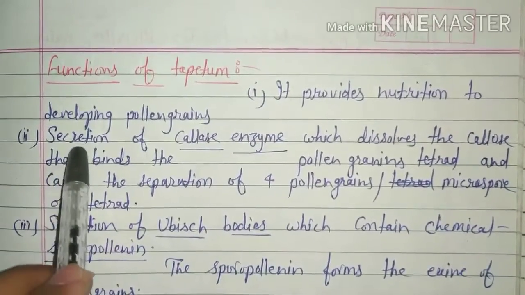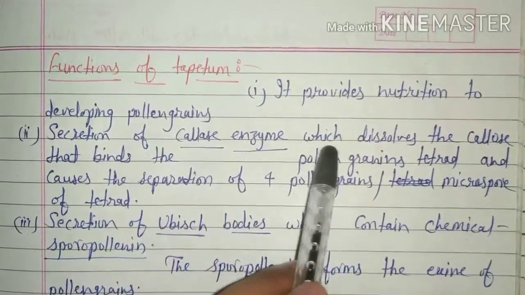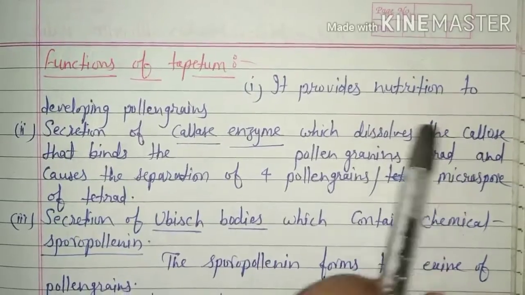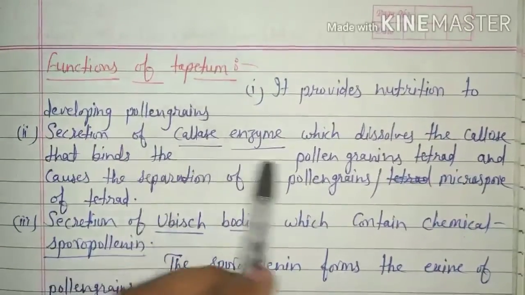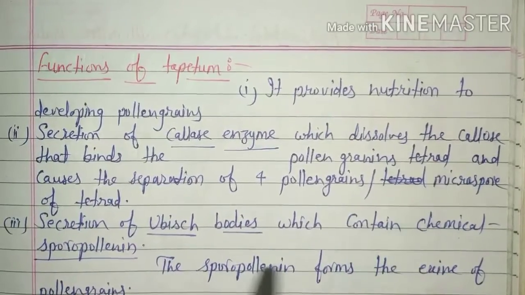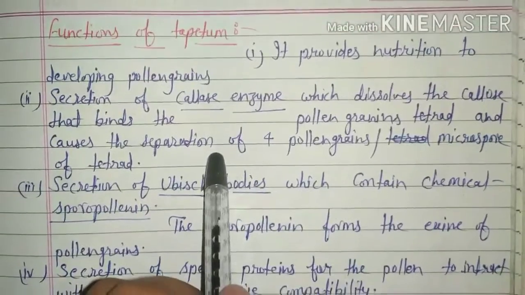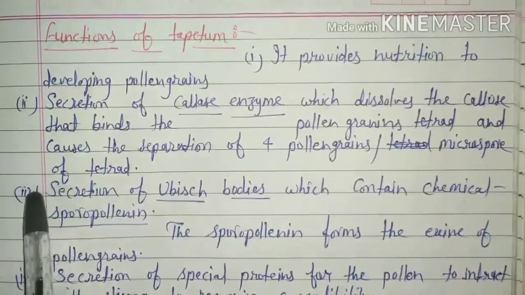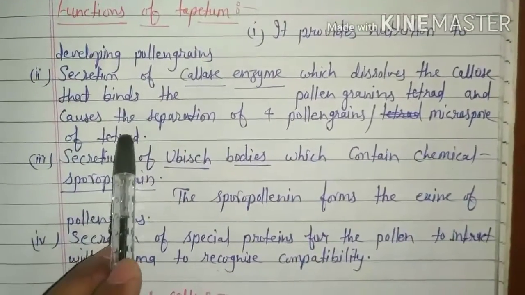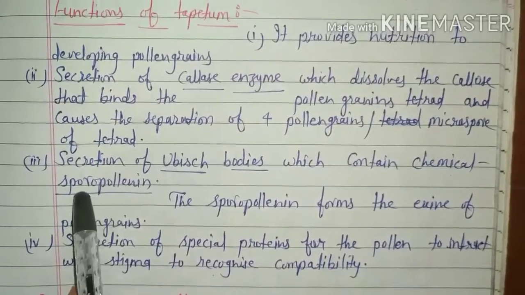Second, secretion of callase enzyme by tapetum, which dissolves the callose substance that binds the pollen grains of the tetrad and causes the separation of the four pollen grains or microspores of the tetrad after microsporogenesis.